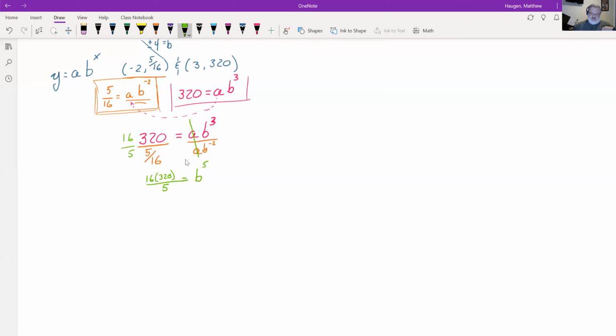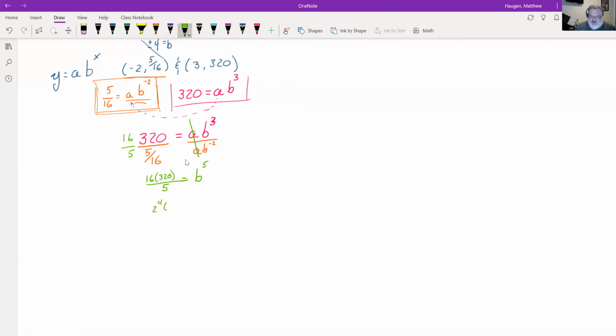And that equals b to the 5th. Fair? Still got to solve for b. I'll show you why I didn't want to know what that was multiplied together. That 16 is 2 to the 4th.